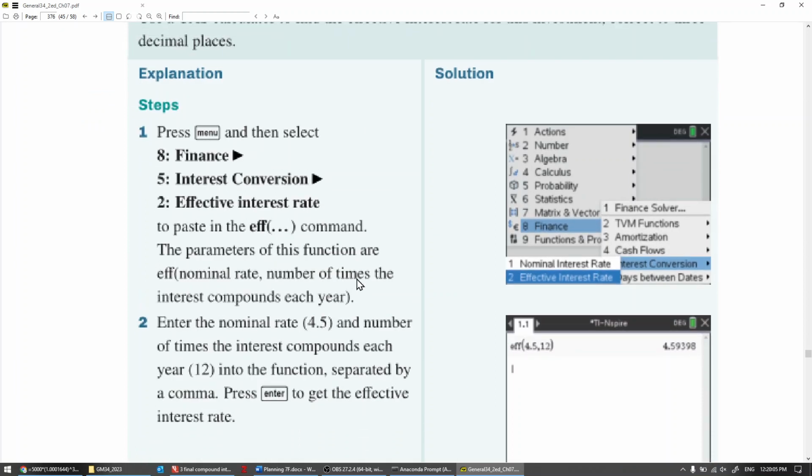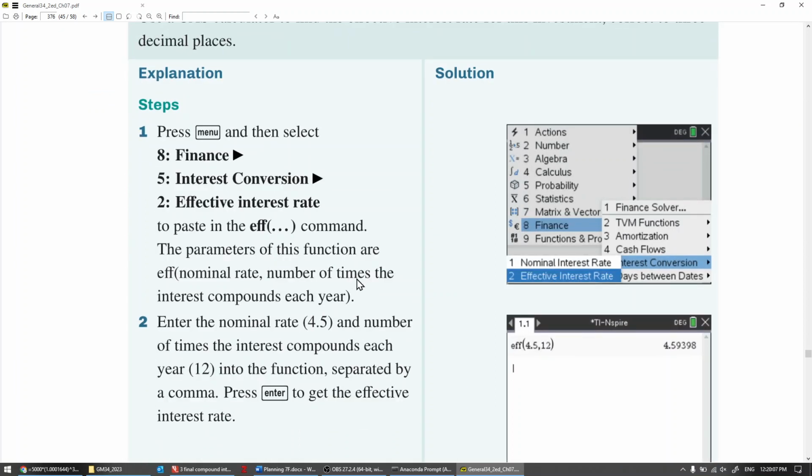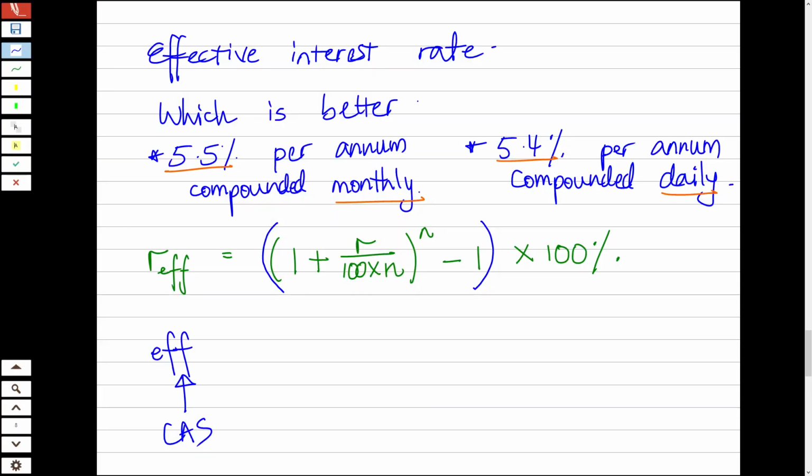Okay, so if you've got your CAS calculator, pull it out. And what you want to do is go to Finance, so Menu, Finance.